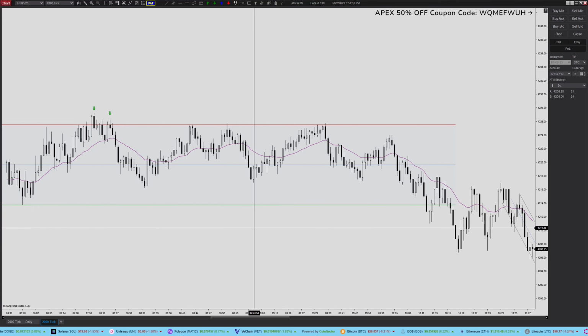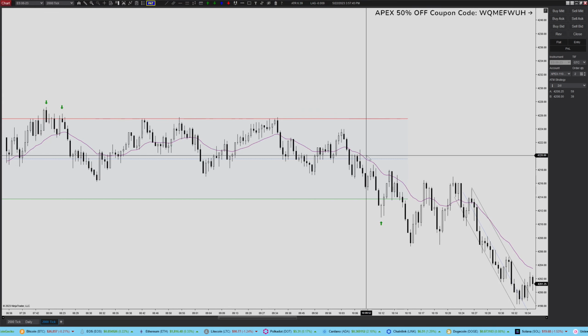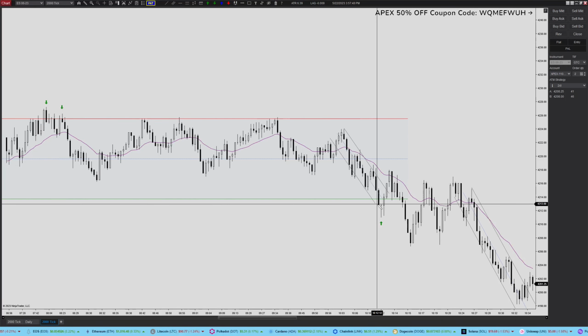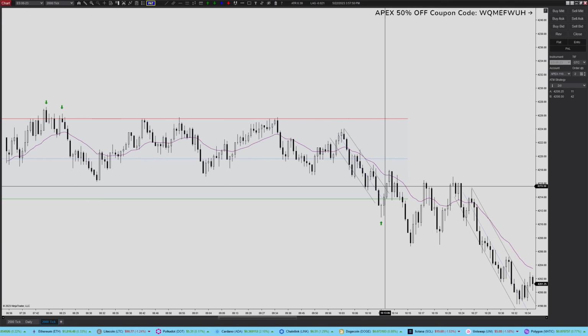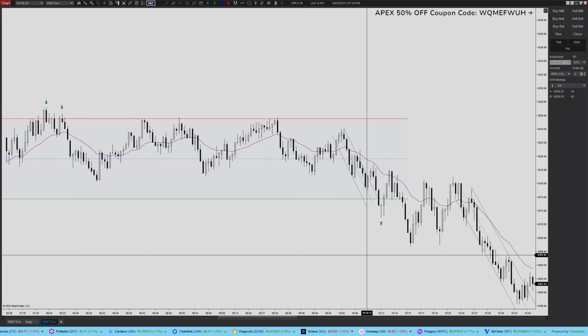But yeah, you can also clearly see another failed breakout here as well. Technically speaking, that's a third entry long, but if you want to visually see it, it's basically a break of a new low in place. So maybe even title it like this. Yeah, break new low. Anyways, you get my point.